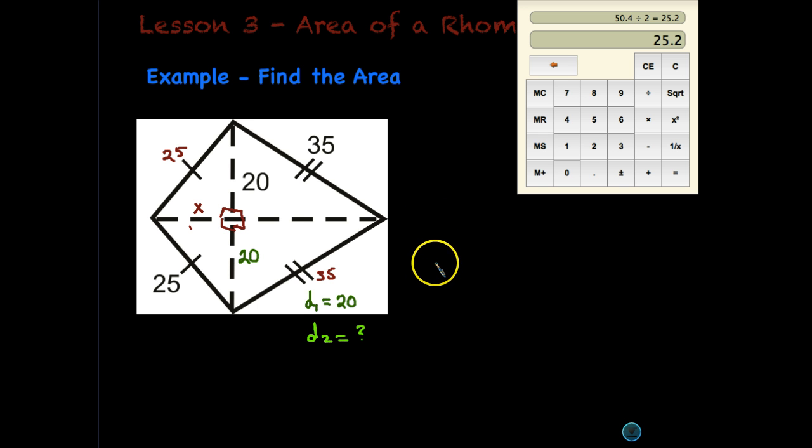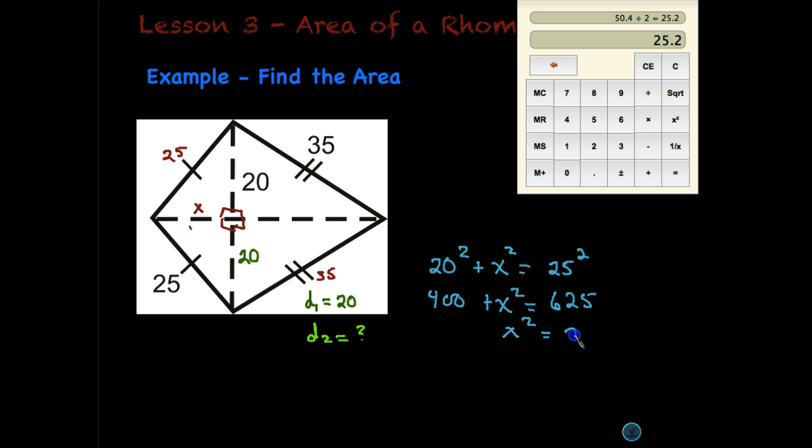All right, we have 20 squared, we'll call that our a squared, plus b squared, we'll say that's x squared, is equal to c squared, which is the 25. If we simplify, we end up with 400 plus x squared equals 625. Subtracting 400 from both sides, I get 225.